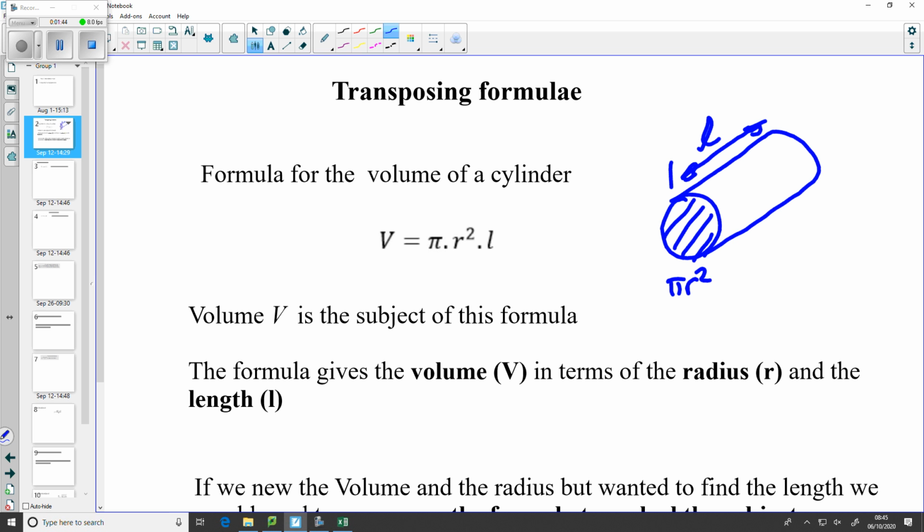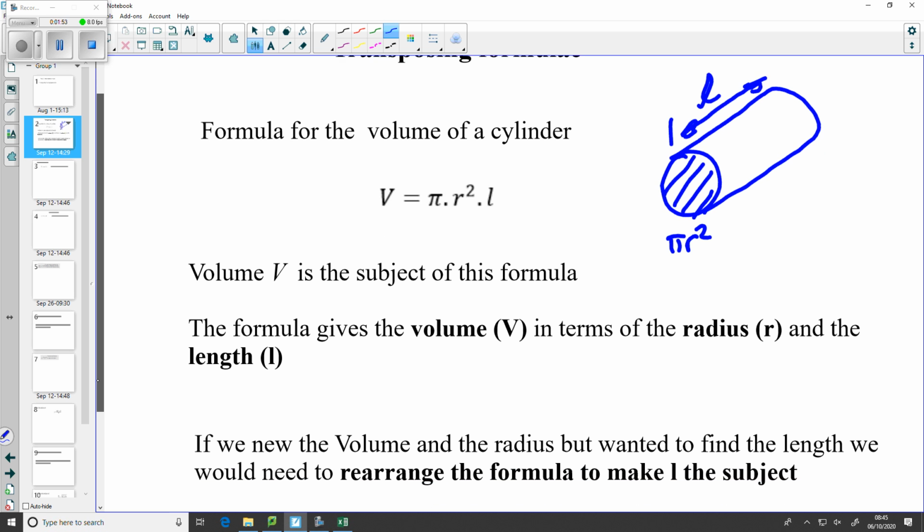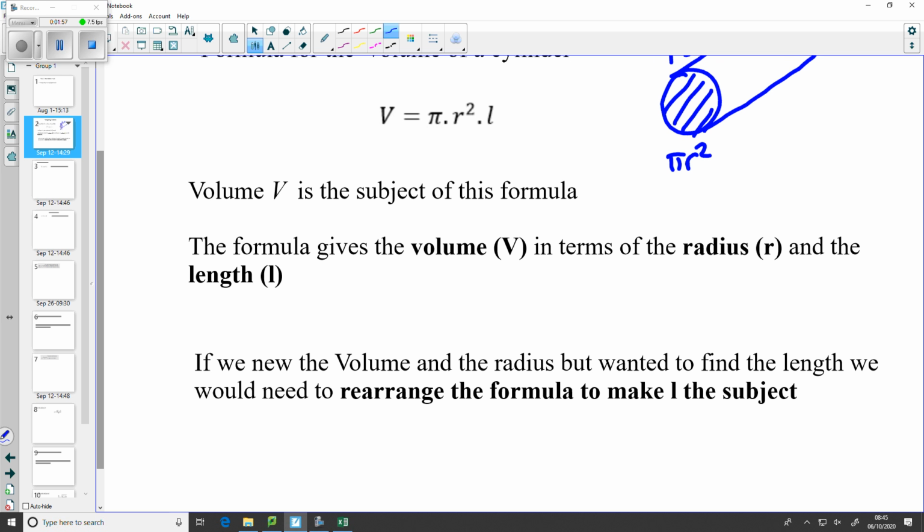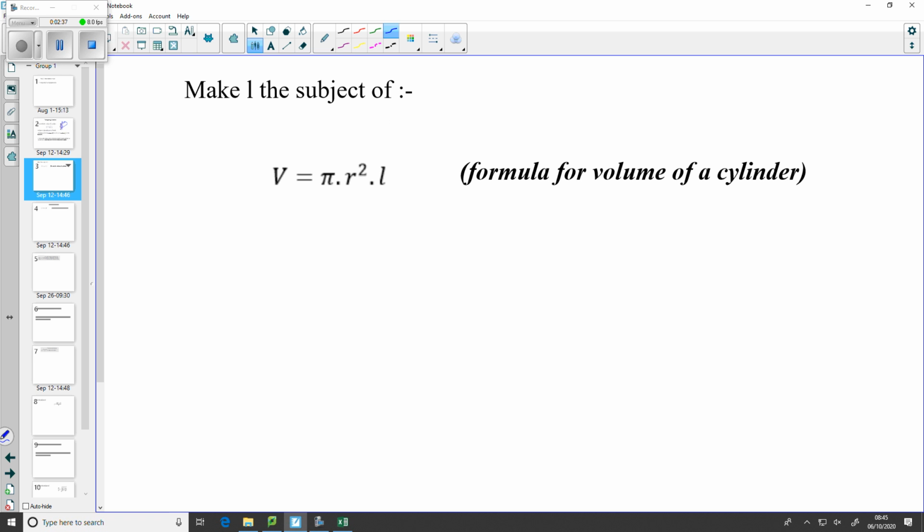The formula says the volume is expressed as a function of the length. So you need to know the volume.